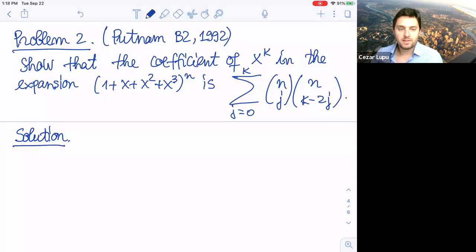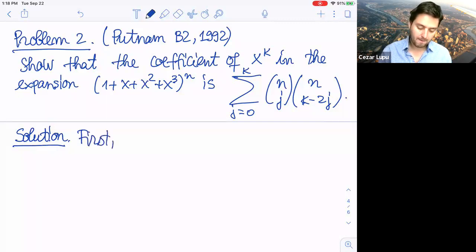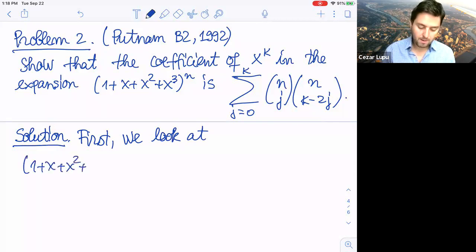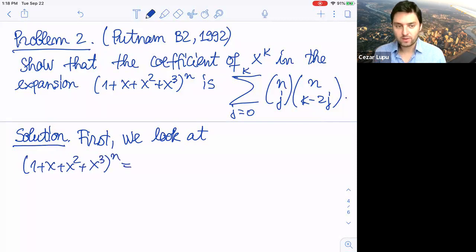And if you look at this expansion, first we look at this guy, 1 plus x squared plus x cubed, everything to the power n. And let's be careful here. Well, can we factor something there? As you can see, I can factor 1 plus x, right?